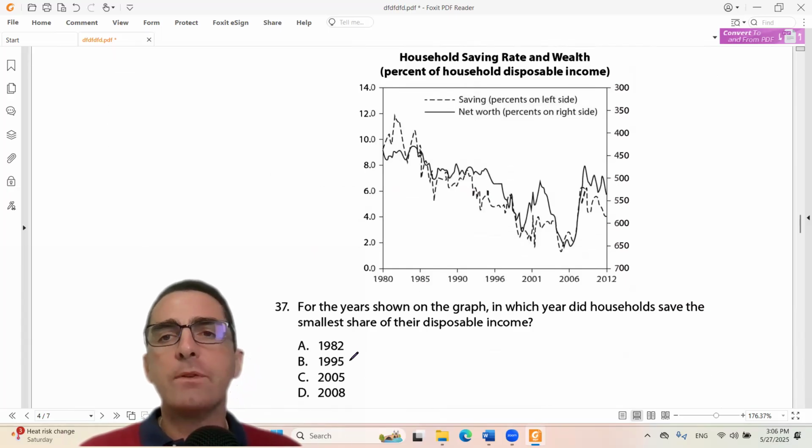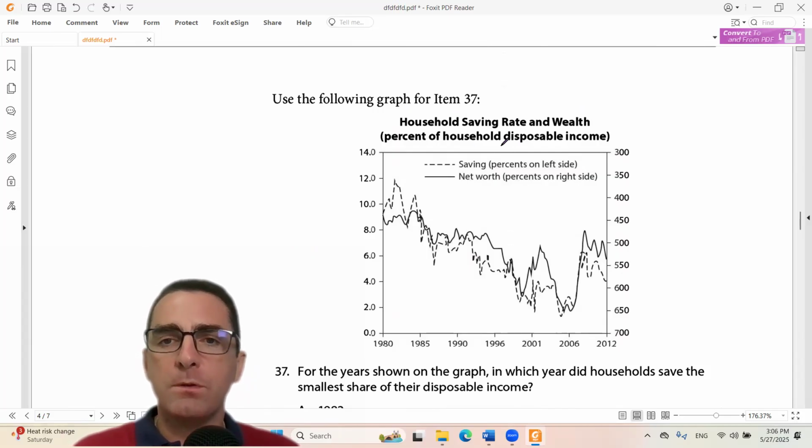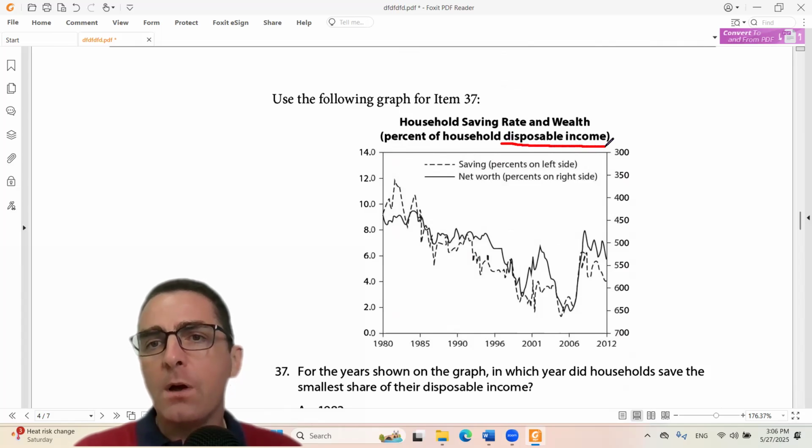Question 37. Again, graph. Don't panic. Have a look at what's at the top. Household saving rate and wealth percent of household disposable income. So disposable income is how much money that people have to spend at the end of each month.